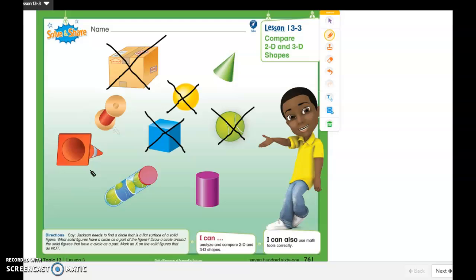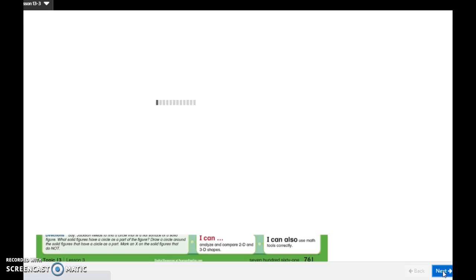So if you crossed it out because it looked like a square, I understand it. If you leave it there because really a cone has a circle on the bottom, I also accept that. Our cylinders are always all good. Our cones, it really depends on what you're thinking as you looked at it. All right, let's try some more.